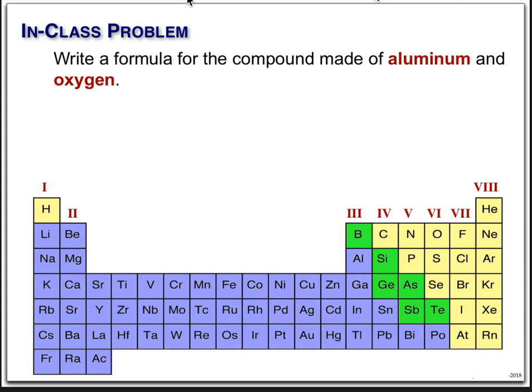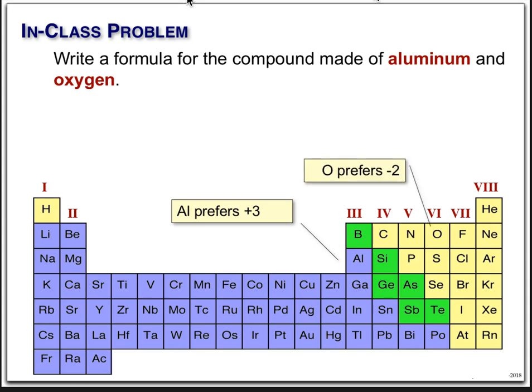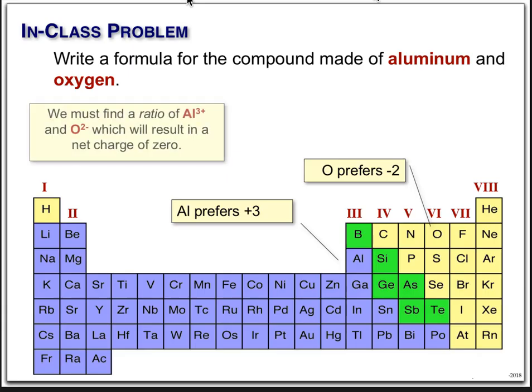Aluminum lives here in the 3rd group. Oxygen is here in the 6th. So aluminum is going to be a +3. Oxygen will be a -2. Now what we have to do is come up with a ratio of aluminum to oxygen so the net charge is 0.